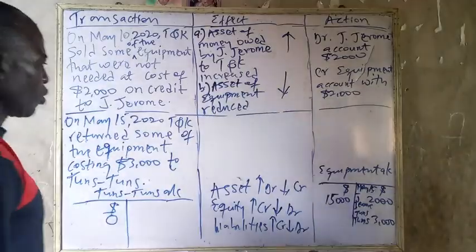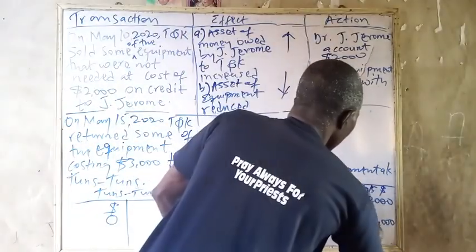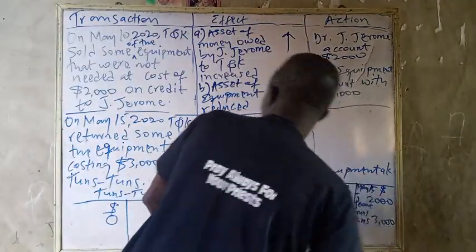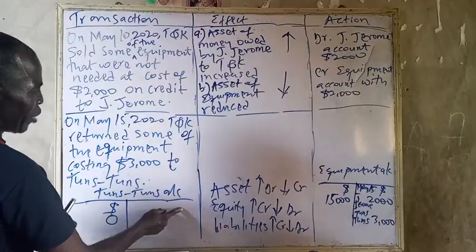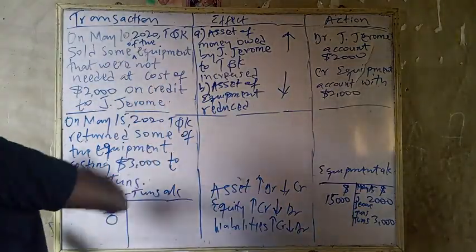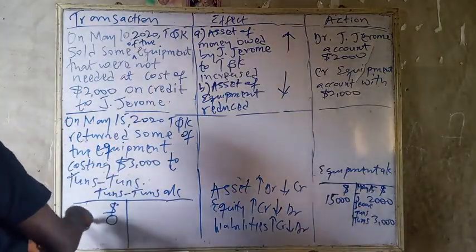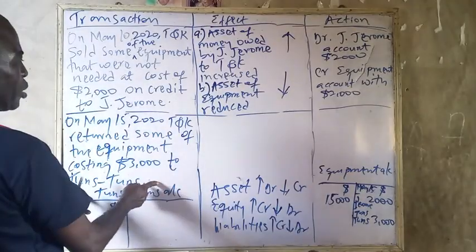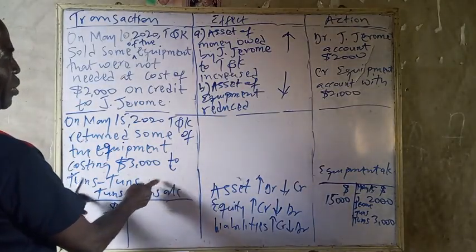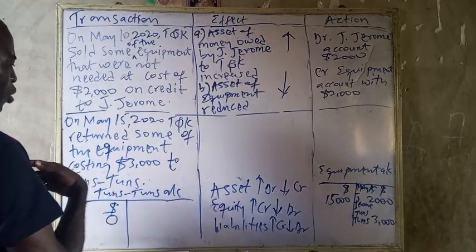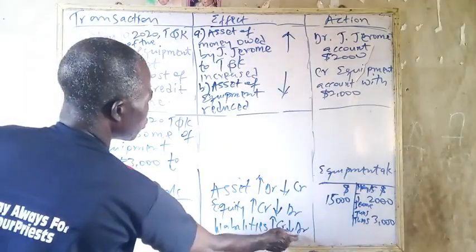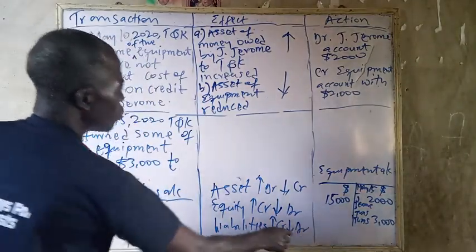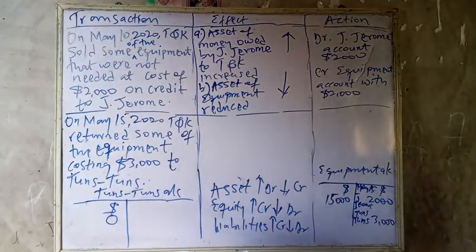Toons account. We return goods back to Toons, the amount is $3,000. When Toons sold goods to us, we credited, right? Now when Toons receives the goods back, Toons is a liability account to us. When a liability decreases, what do you do?